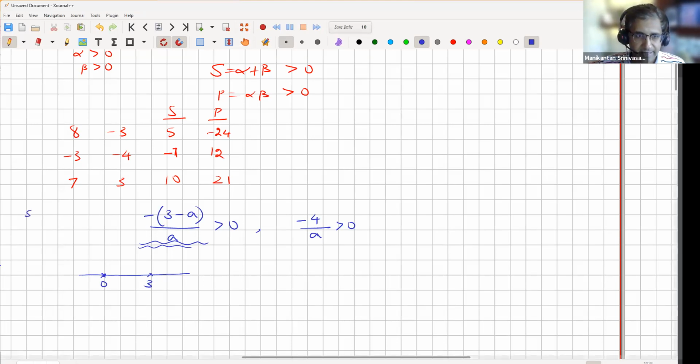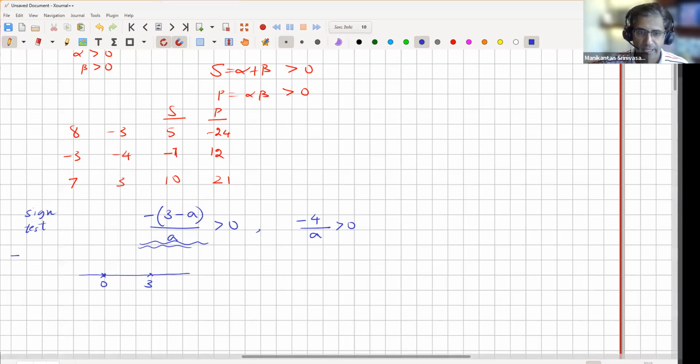This method is called the sign test. The two points 0 and 3 divide the number line into 3 parts: left of 0, between 0 and 3, and to the right of 3. Let's take a number to the left of 0, say minus 1, any number.